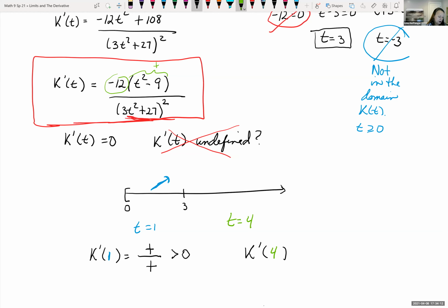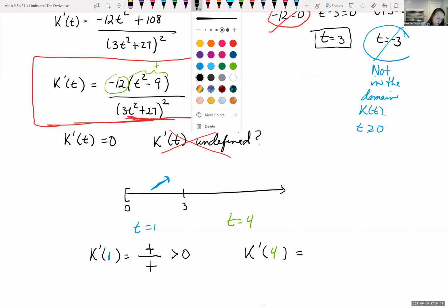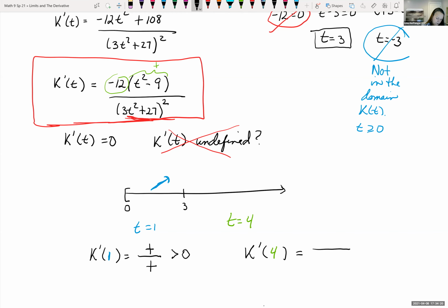So I can see that my numerator when I plug in 4 is going to be a negative number. And again, the denominator is always positive. So negative divided by a positive, it's a negative number. So this is smaller than 0, which makes sense. After a while, the concentration of the drug in the bloodstream will start decreasing.